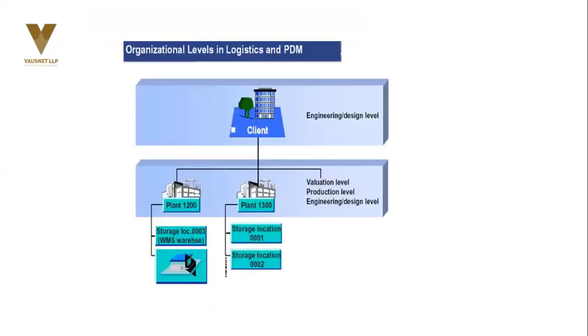So in organization levels, if we look at the top level view of our discussion, then we have plants that are viewed as the valuation level, which is again a representation of the plant. Or if the industries are different, then it might be related to production or engineering. Under the plants, we have storage location.